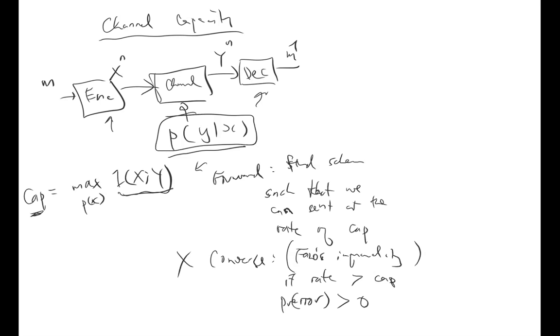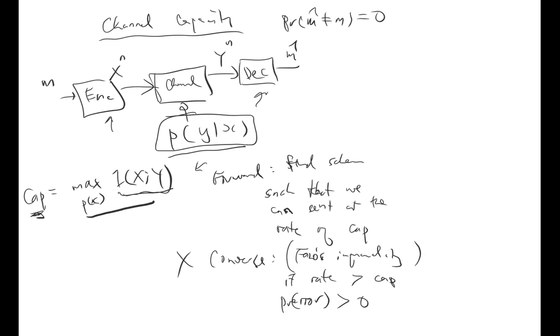Did I emphasize losslessly here? I guess I didn't. So I need to make sure that M hat is equal to M, so the probability of error is equal to zero. This is actually the probability that M hat is not equal to M, and that probability will be equal to zero. Again, if you send below the capacity, you can always find a scheme.